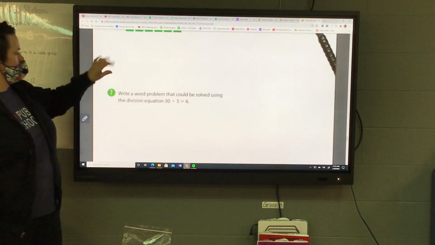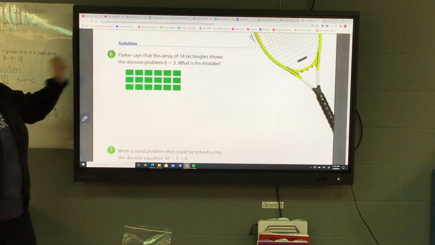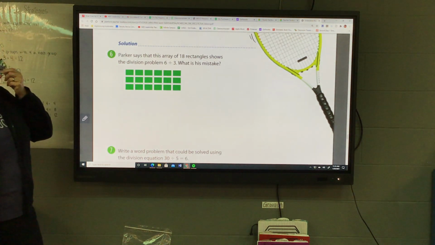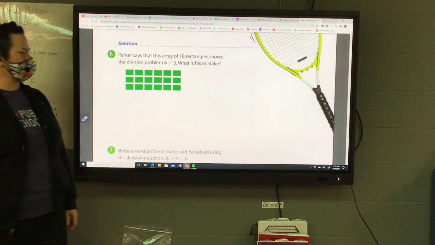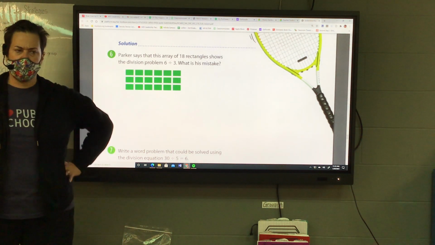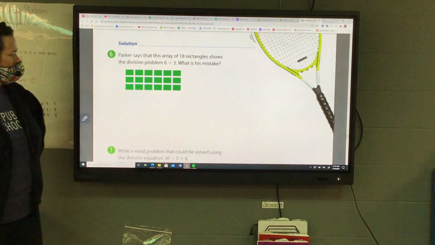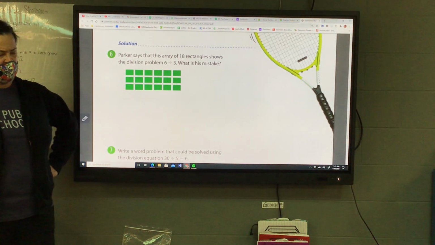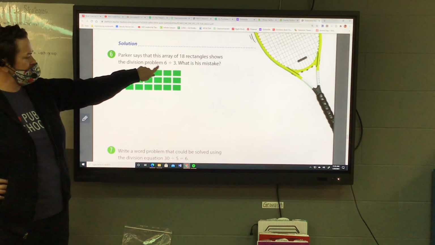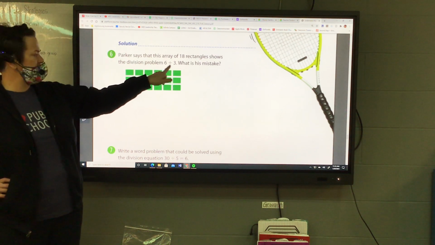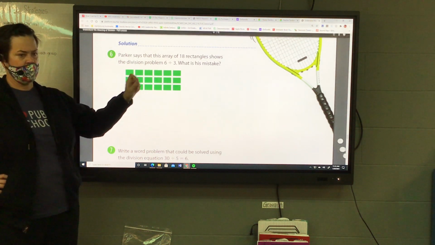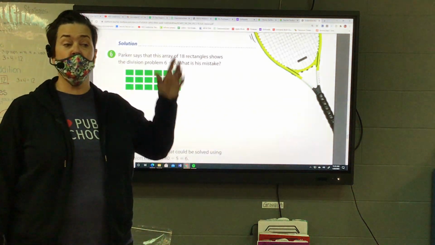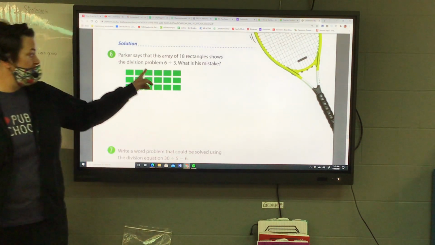Problem 6. Parker says that this array of 18 rectangles shows the division problem 6 divided by 3. What's his mistake? If we have a division problem like this, did he start out with 18 in his division problem? No. What did he start out with? 6. What should he have started out with? 18.